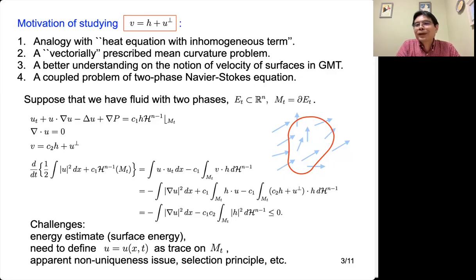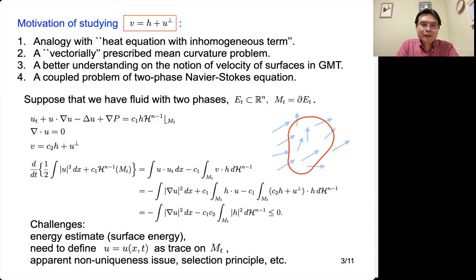Okay, but if you're looking at, say, fluid flow, as long as you're working with, say, weak flow fields, like Leray-Hopf, Leray solutions, then typically you don't work with Lipschitz class.